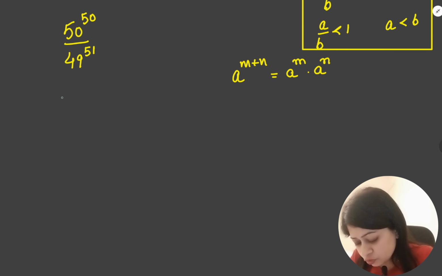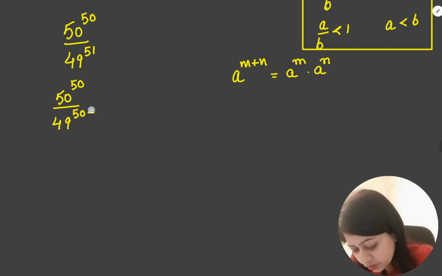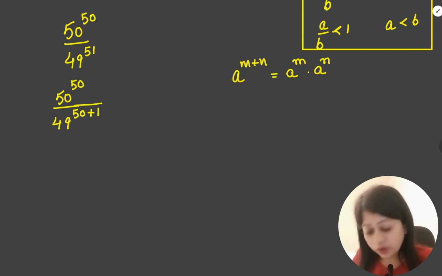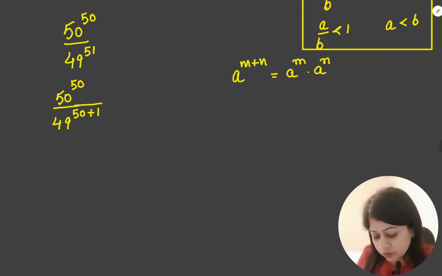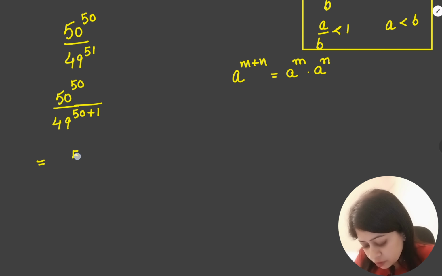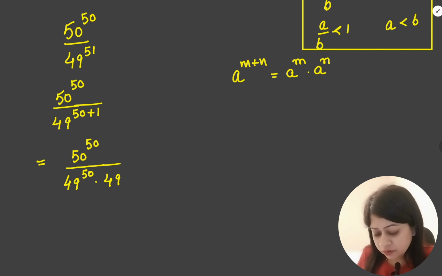So 50 raised to power 50 divided by 49 raised to power 50 plus 1 will become 50 raised to power 50 by 49 raised to power 50 times 49.